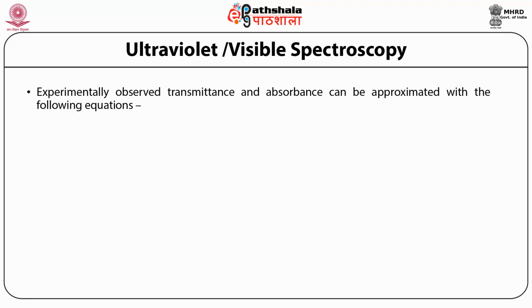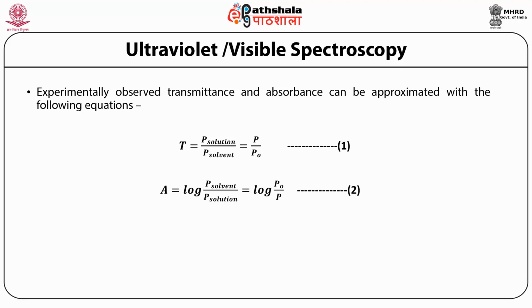Experimentally observed transmittance and absorbance can be approximated with the following equations. T is equal to P solution divided by P solvent. This is equal to P by P0. This is equation 1. A, that is absorbance, is equal to log of P solvent divided by P solution.